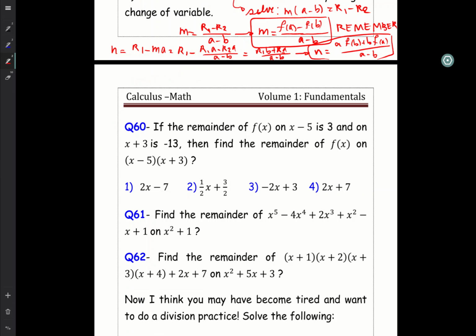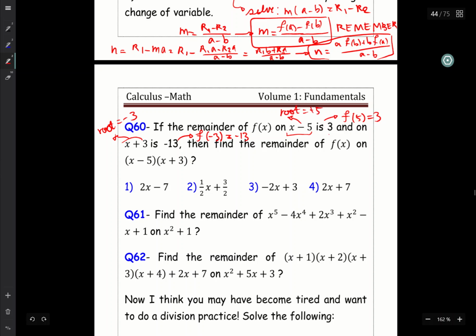Question 60. If the remainder of f of x on x minus 5 is 3, this immediately tells us f of 5 is 3. Okay? And on x plus 3 is minus 13. This immediately tells us f of minus 3 is minus 13. Remember, the root here is minus 3, and the root here is 5.